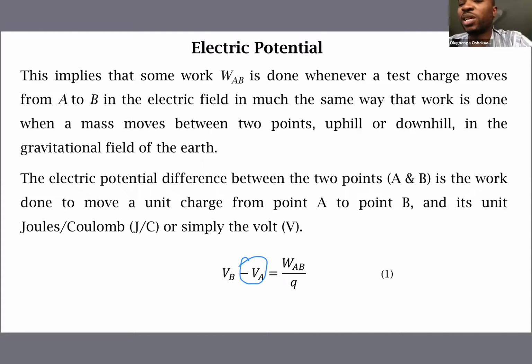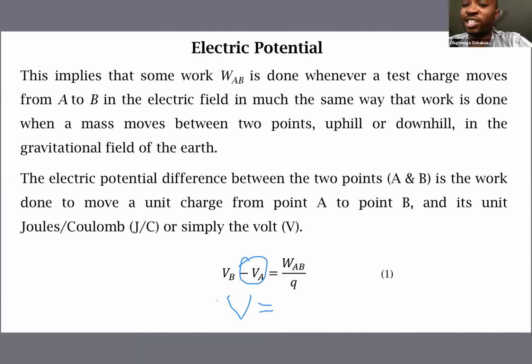And easily we can say that the potential at B, VB, or we can just simplify it to V, will be equal to the work done in bringing that charge from infinity divided by that charge itself.